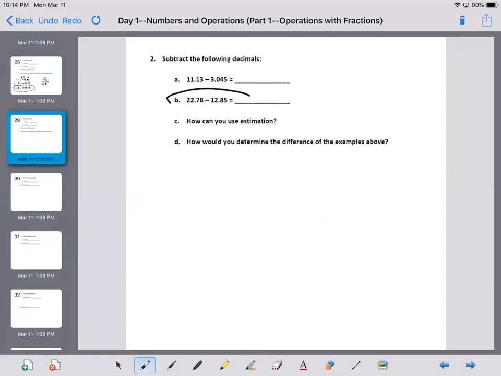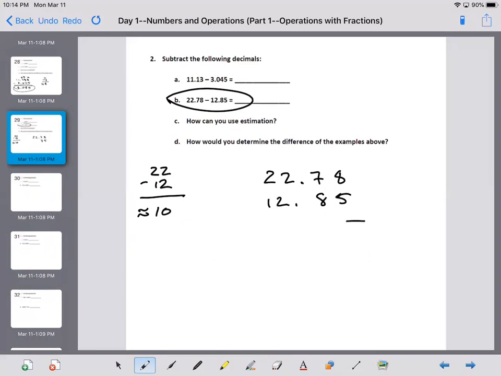So looking here, that would be about, so 22 take away 12, so approximately 10 as an answer. And I'm subtracting, so I want to line up my place values. And 8 hundredths take away 5 hundredths is 3 hundredths.